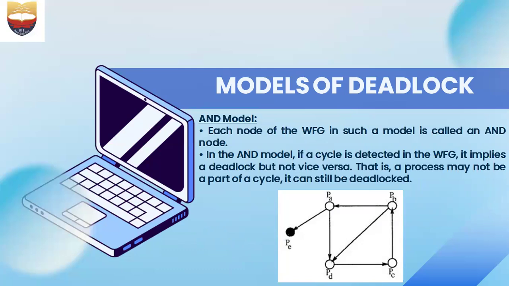In the AND model, if a cycle is detected in the WFG, it implies a deadlock but not vice versa. That is, a process may not be a part of a cycle, and it can still be deadlocked. The following figure explains that.